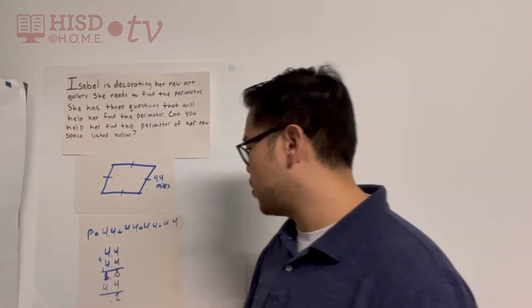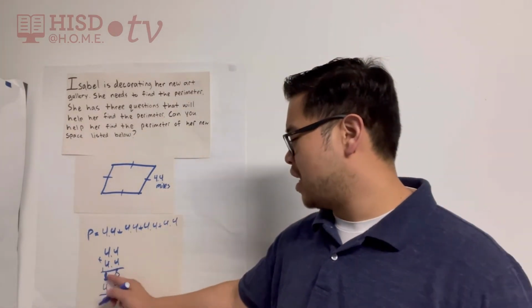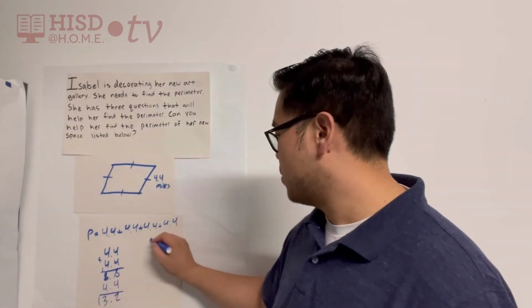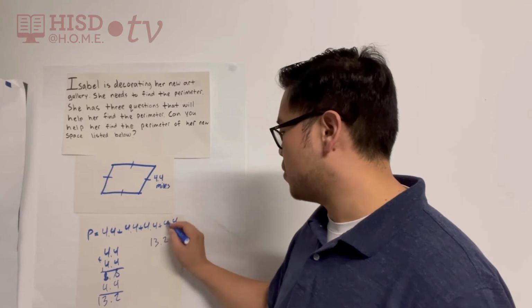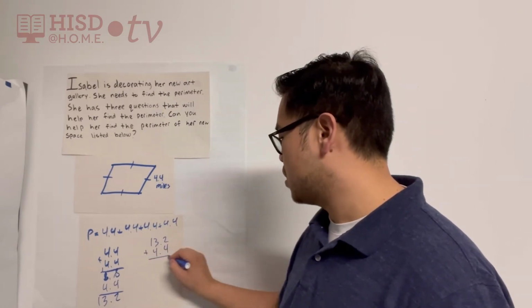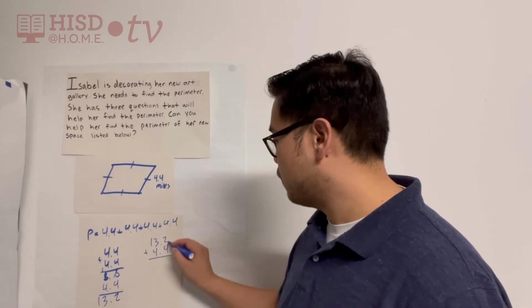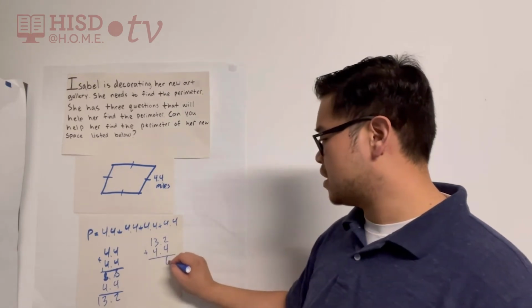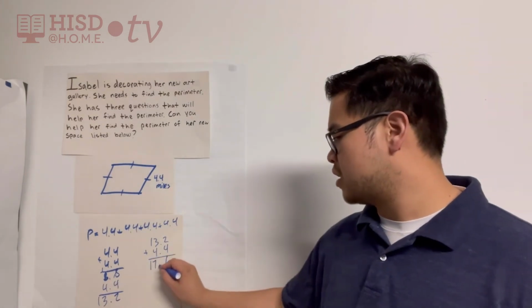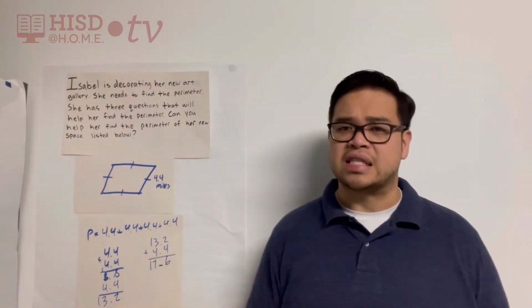My 1 goes up here. 1 plus 8 is 9. 9 plus 4 is 13. Now I'm going to take my 13 and 2/10 plus my last 4 and 4/10. 2/10 plus 4/10 is 6/10. 13 plus 4 is 17. So I should have gotten 17 and 6/10.